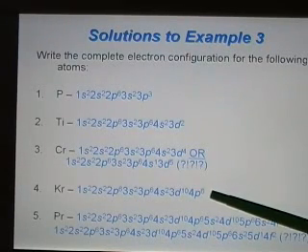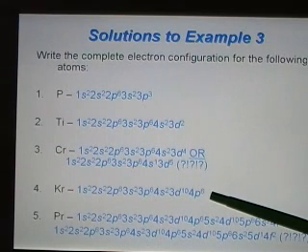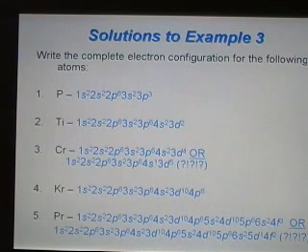Next is krypton, which has an electron configuration of 1s2, 2s2, 2p6, 3s2, 3p6, 4s2, 3d10, 4p6. And finally, the fifth question asks you to write the electron configuration for praseodymium.